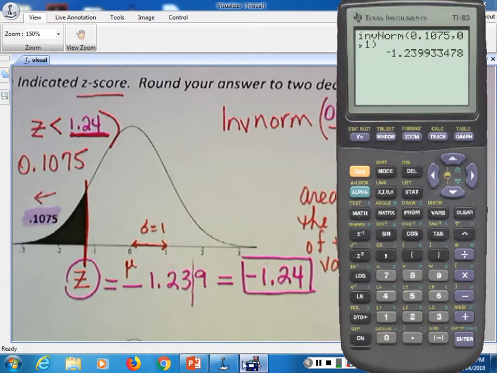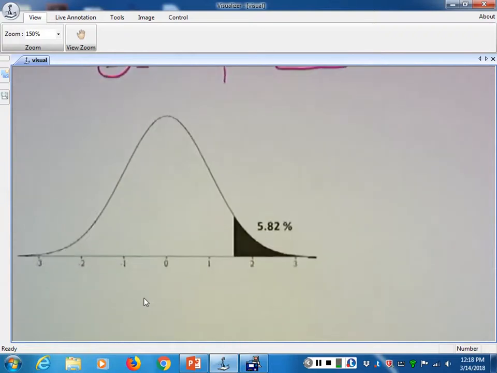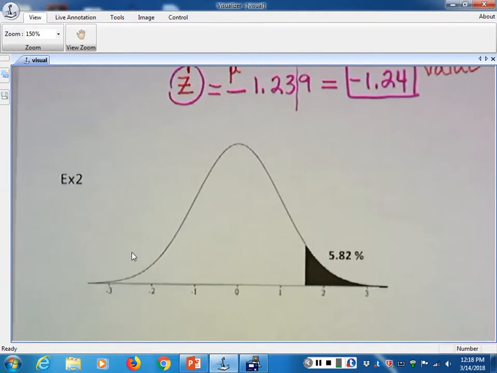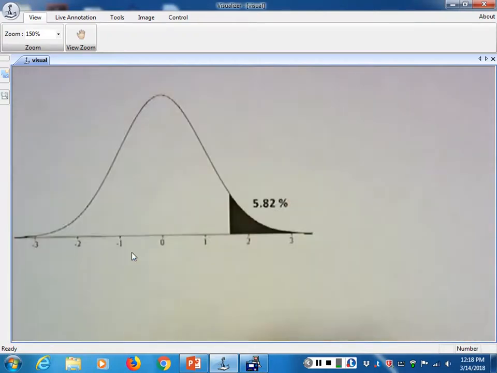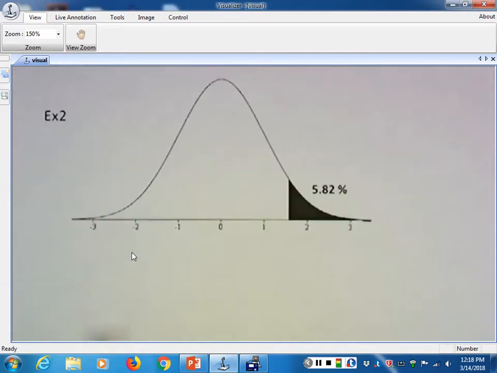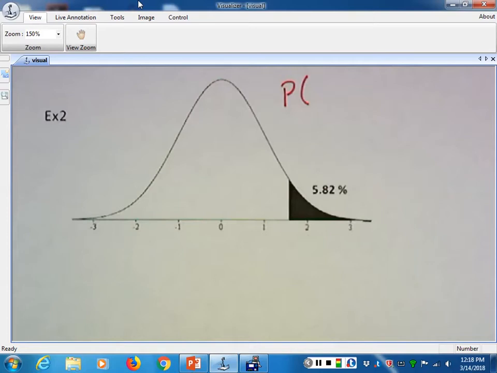Okay, let's try another one. Okay, now this again, what we're answering is this kind of a question, the probability that z is more than or less than something.